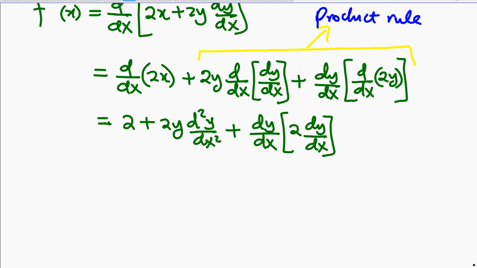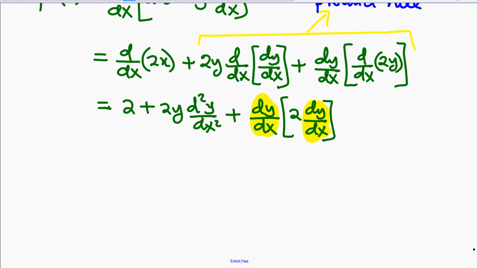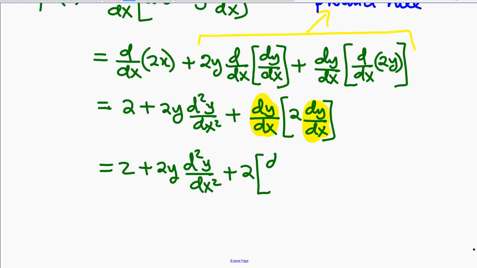I want you to pay attention to this, guys. This is dy over dx. This is dy over dx. So if I multiply those two, I'll end up with dy over dx squared. All right, very important. So what I'll end up with here is 2 plus 2y d2y over dx2 plus 2 in bracket dy over dx squared. So this is what the third derivative is.